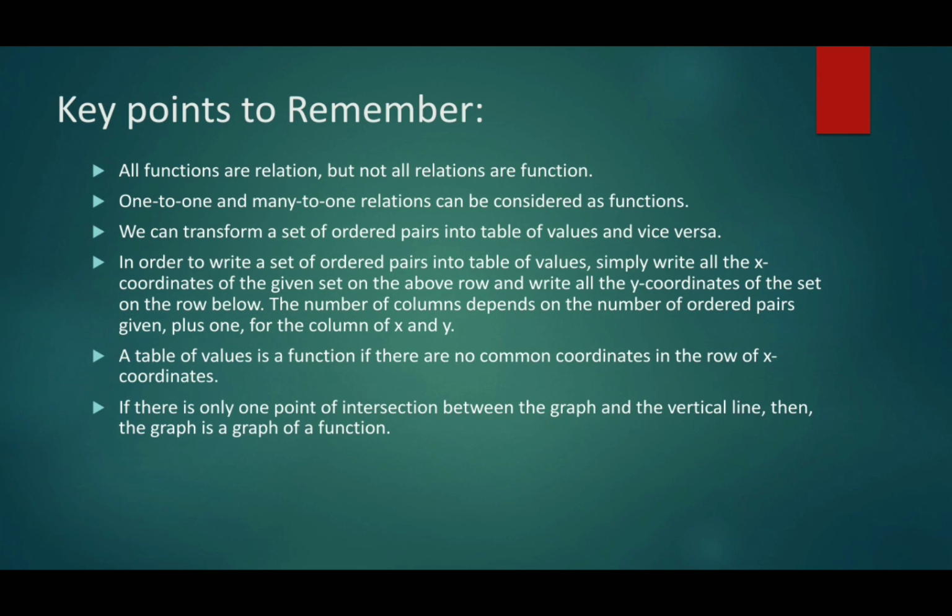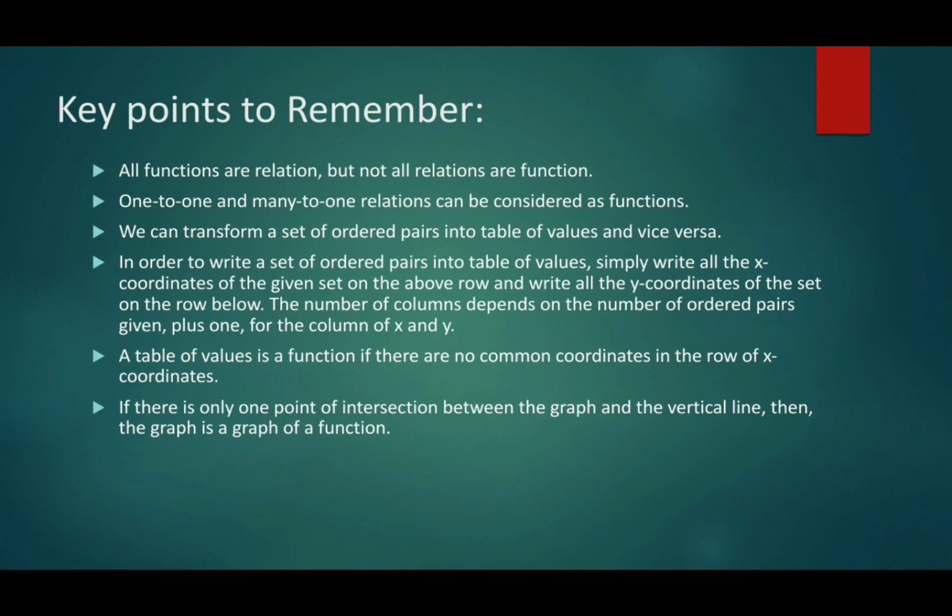A table of values is a function if there are no common coordinates in the row of x coordinates. Ayan sinasabi ko kanina, kapag walang magkakapareha sa x coordinates sa table of values, understood na yun ay function. Okay, kung may magkakaparehas, relation lang yun, hindi siya function.